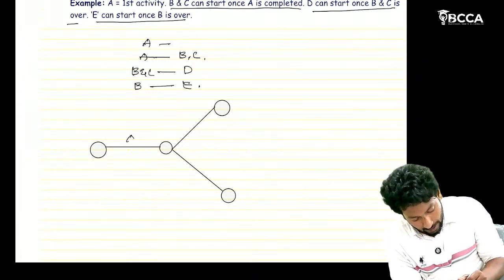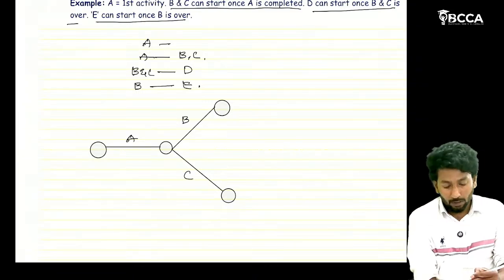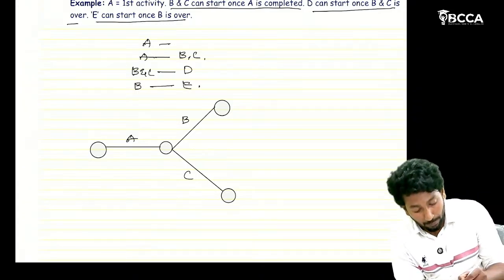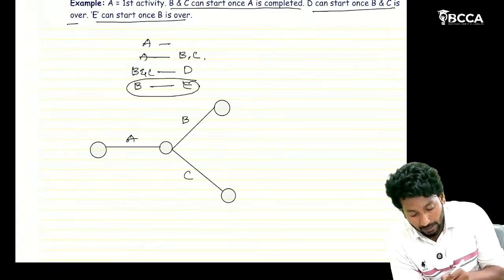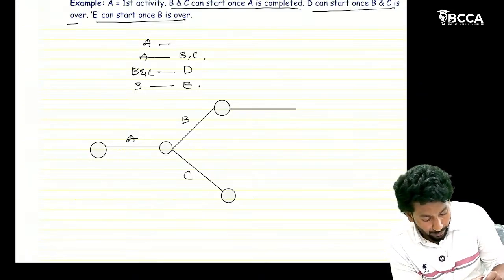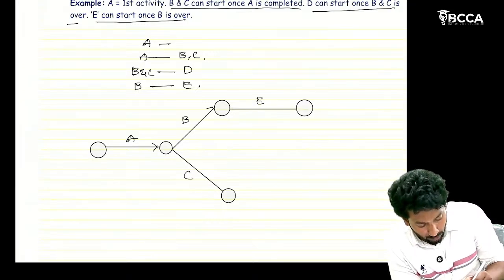Okay, this is A, this is B, this is C, sir. So now we have to draw D and E. Let's say, for example, after B ends, E can start. So at the end point of B, draw activity E, sir. Okay, this is E. Take the directions also.